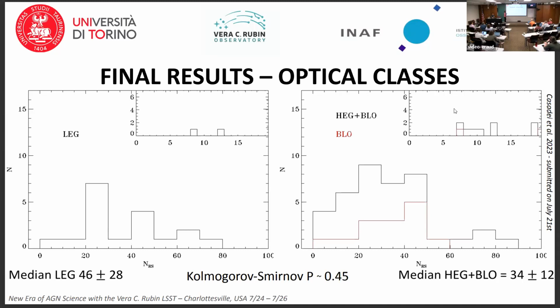To compare the two histograms, I guess we can see already that they are not statistically different, but I also did a Kolmogorov-Smirnov test on the two histograms. That is basically the probability that the two histograms are or are not statistically different. And it results that they are not different.